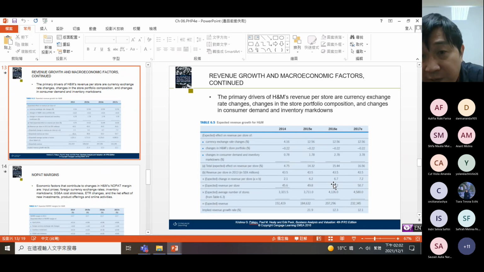The primary drivers of H&M's revenue per store are currency exchange rate changes, changes in store portfolio composition, and changes in consumer demand and inventory markdowns.